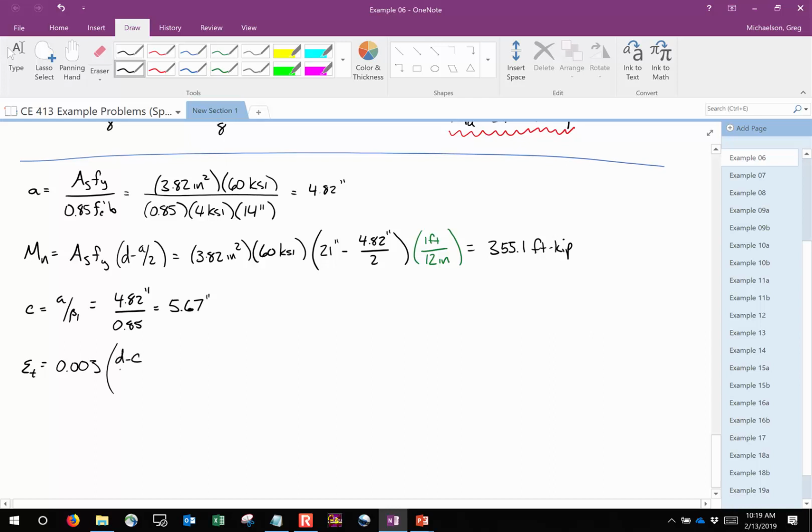Epsilon t equals d minus c over c, times 0.003. So that's 21 inches minus 5.67 inches over 5.67 inches. And so that equals what?